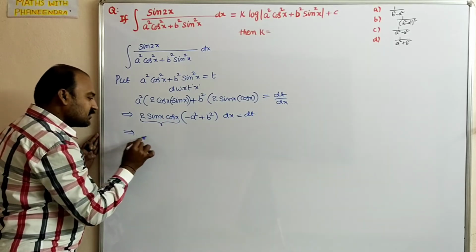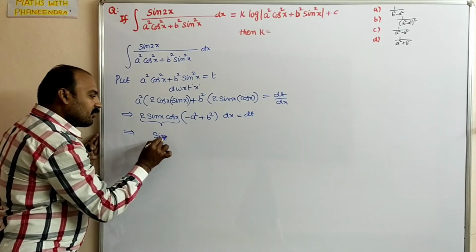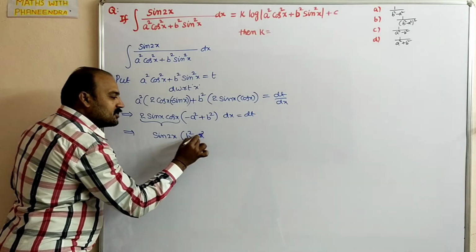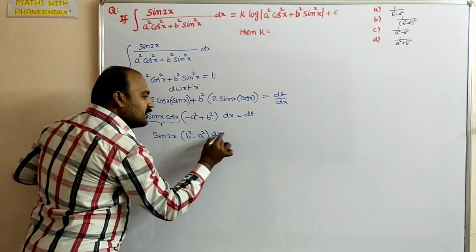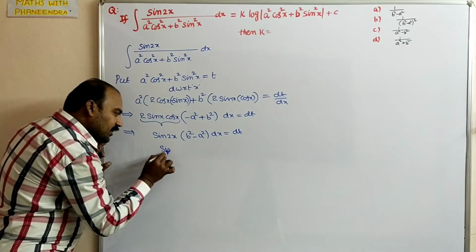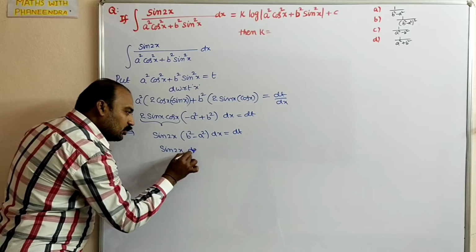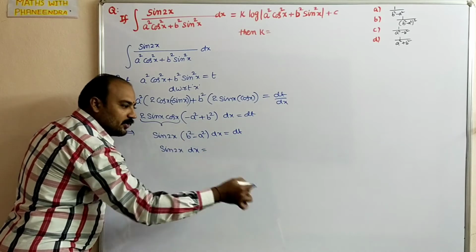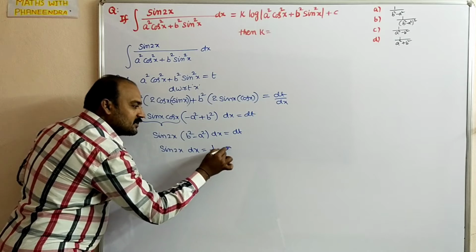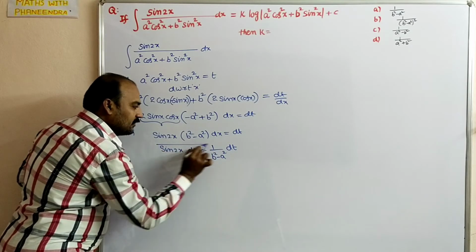That implies sin 2x into b square minus a square, writing the positive term first, into dx is equal to dt. So sin 2x dx is equal to 1 by b square minus a square into dt.